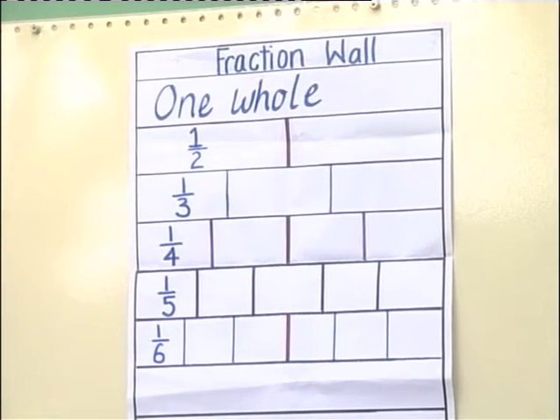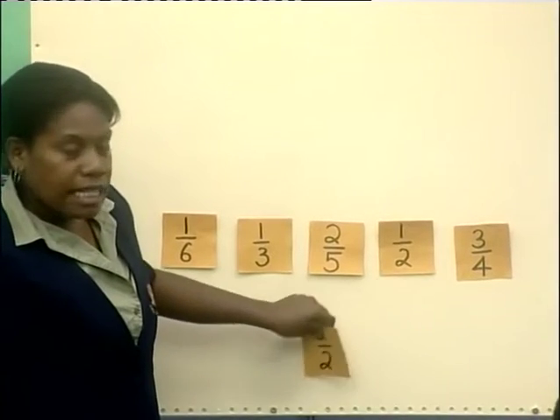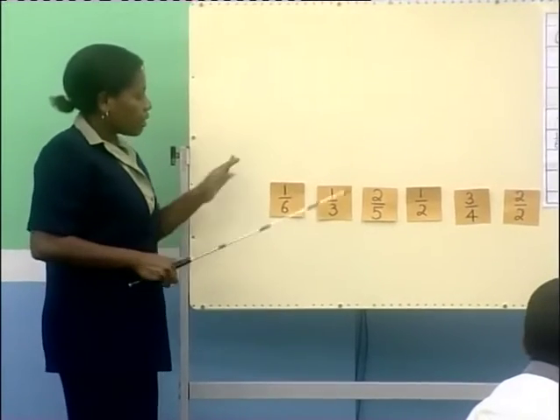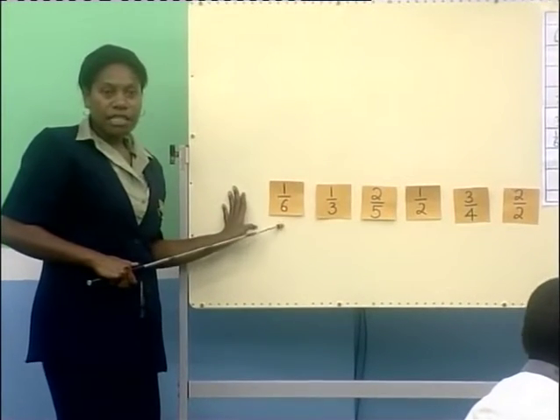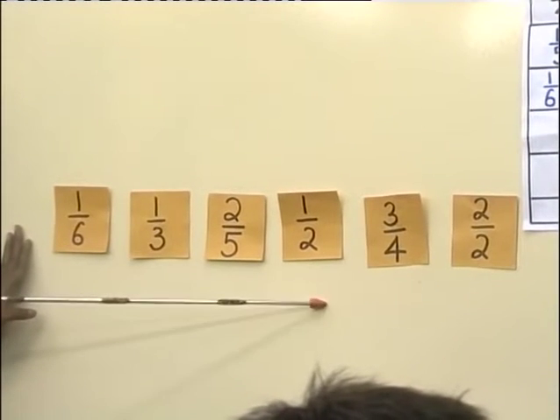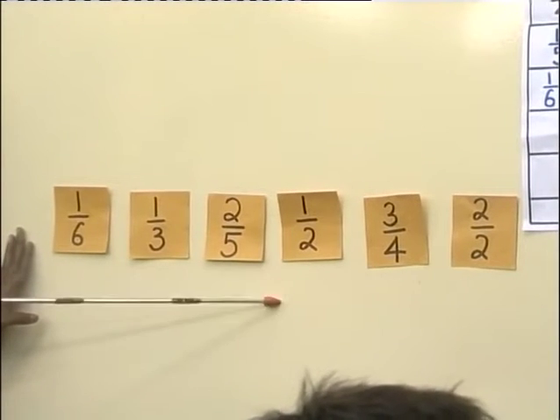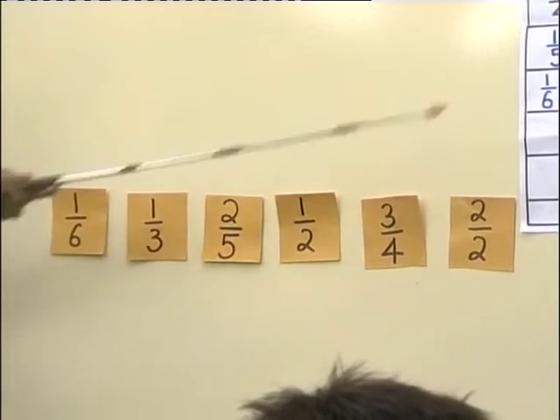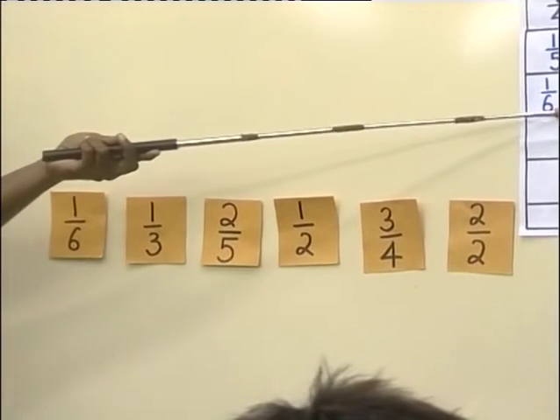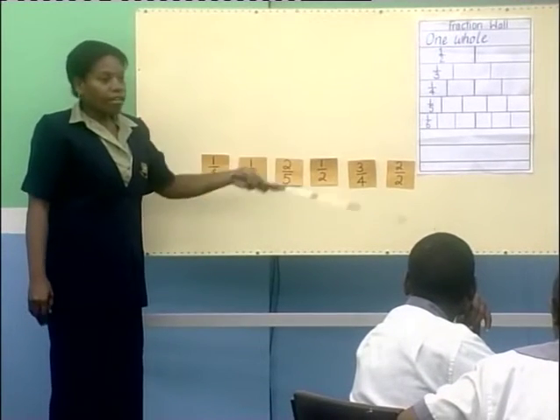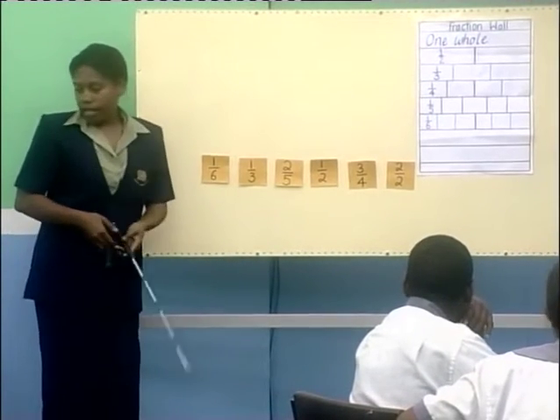Then after 3/4, what comes last? 2/2 is the same as 1/2. So the fractions are now arranged in order from least to greatest. Receiving students, you compared these fractions, which is bigger and which is smaller, by looking at your fraction wall.